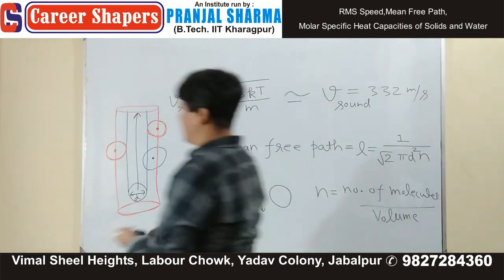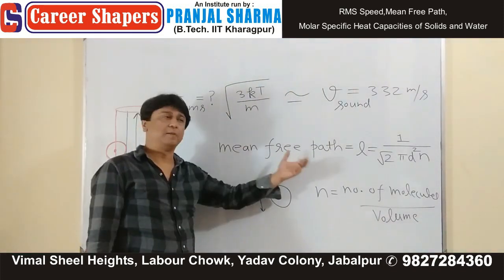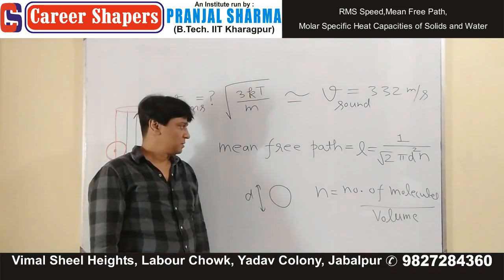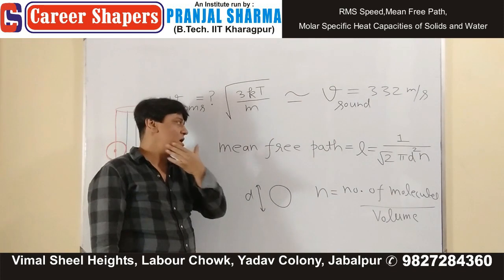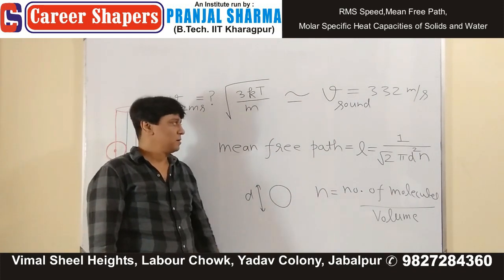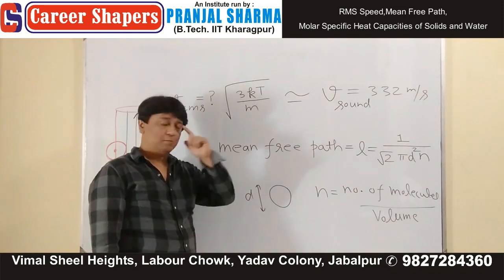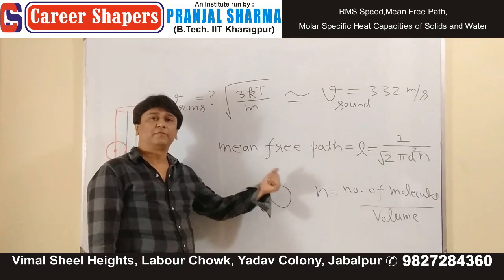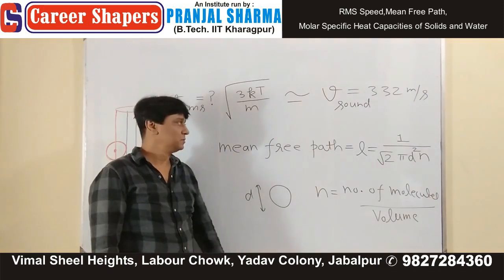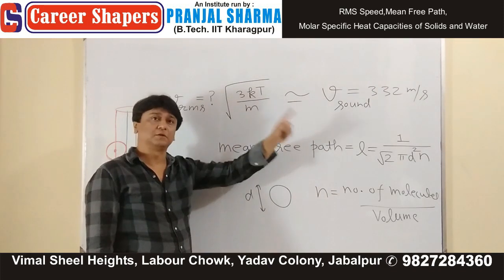Write down the statement: mean free path is of the order of micrometers. That is against 332 meters.